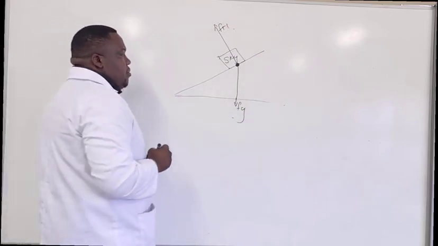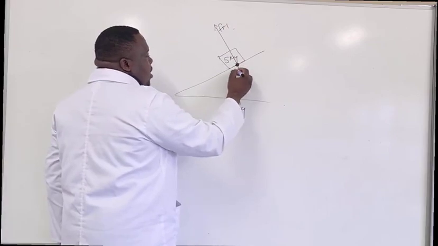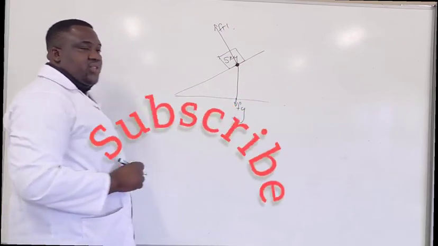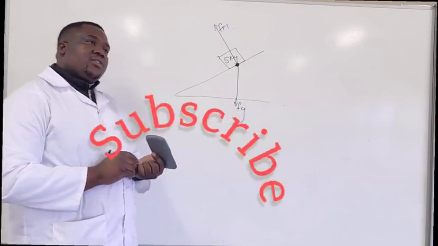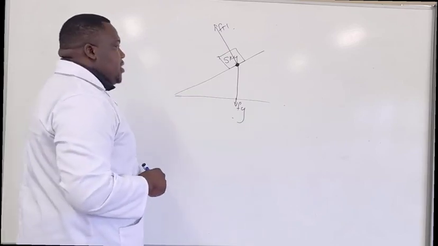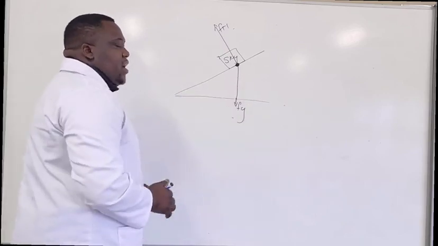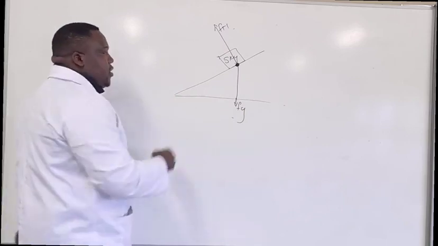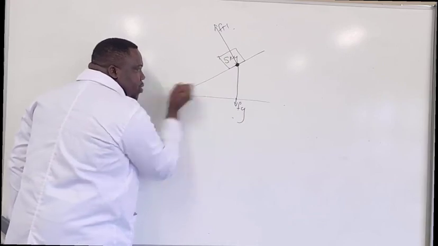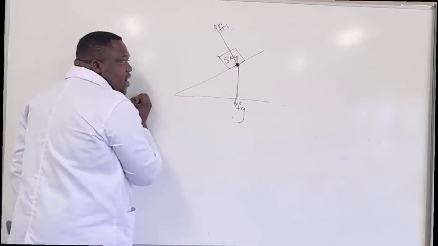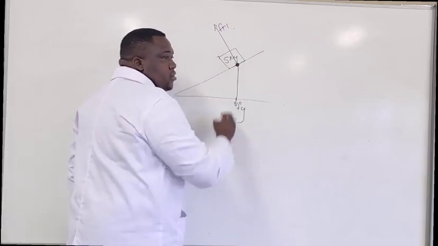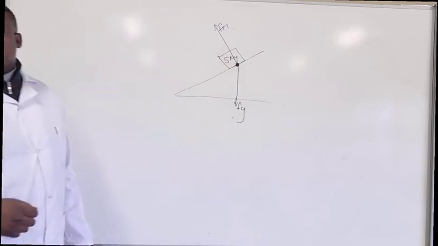Here I'm going to focus on these two forces because I want to show you the components of the gravitational force. Gravitational force is going to have two components. When an object is on an incline, the first component of the gravitational force will be pulling the object downwards in this direction. The other component will be pulling this object to move down in this direction.